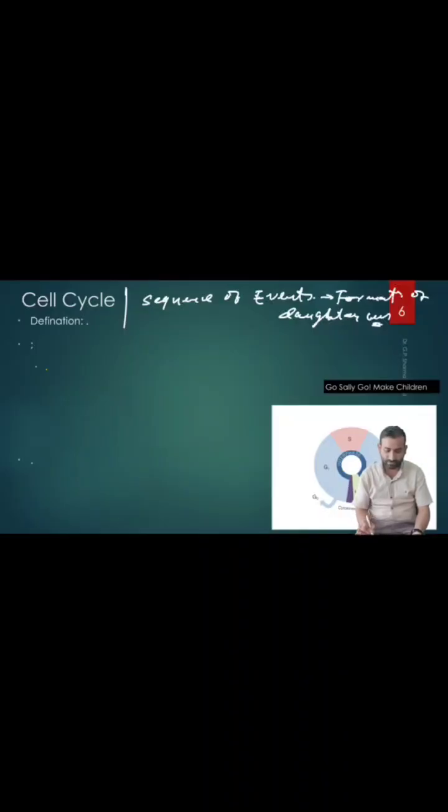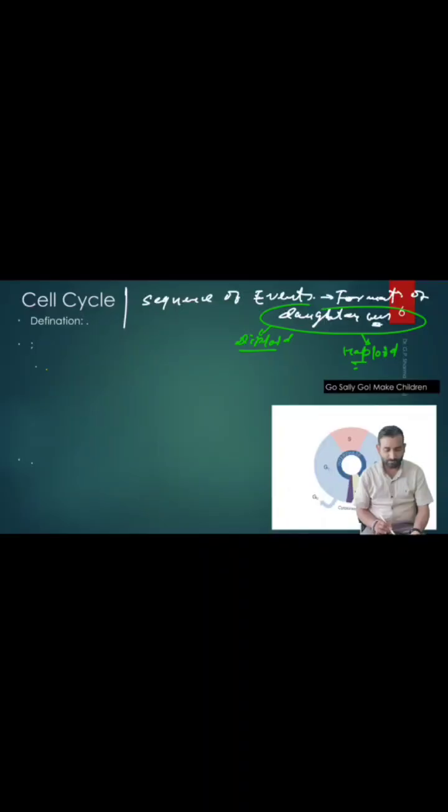So the result of the cell cycle is what? Formation of daughter cells. These daughter cells may be diploid, similar to the mother cell, or may be haploid. The genetic material becomes half of the mother cell, right? So this is the definition of the cell cycle.